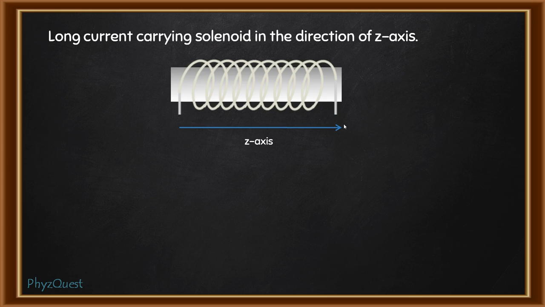This is the axis of the solenoid, that is the z axis. Now it is given that the current in the solenoid is I is equal to kt. I is equal to kt means it's dependent on time, and with time it is increasing.